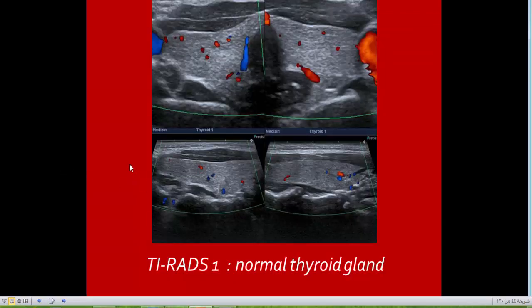We see a spectrum of images of nodules and we apply TI-RADS to them. This is a normal thyroid gland, TI-RADS 1, negative: normal textures, no nodules, well-defined border, normal size, normal vascularization.